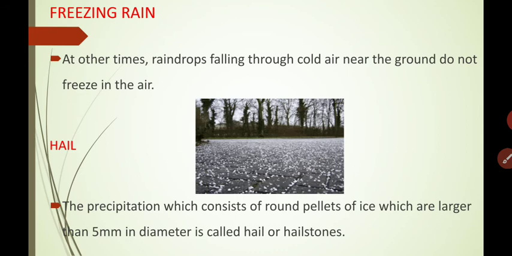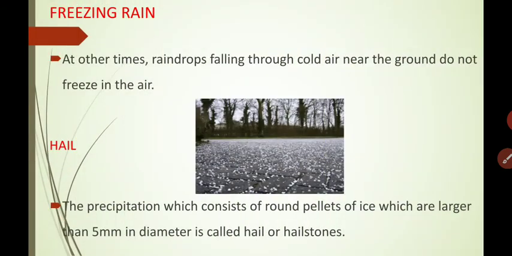When rain falls on the earth it is in a liquid state, but when it reaches a cold surface, it changes into freezing rain. The drops of water are usually greater than 0.5 millimeter in diameter.